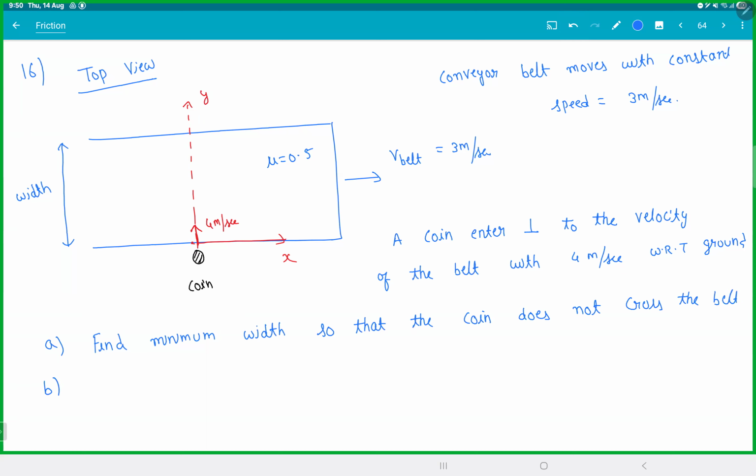In this process, find the minimum speed of the coin during its entire motion. If it's a paragraph question, these will be the 2 advanced paragraph questions.